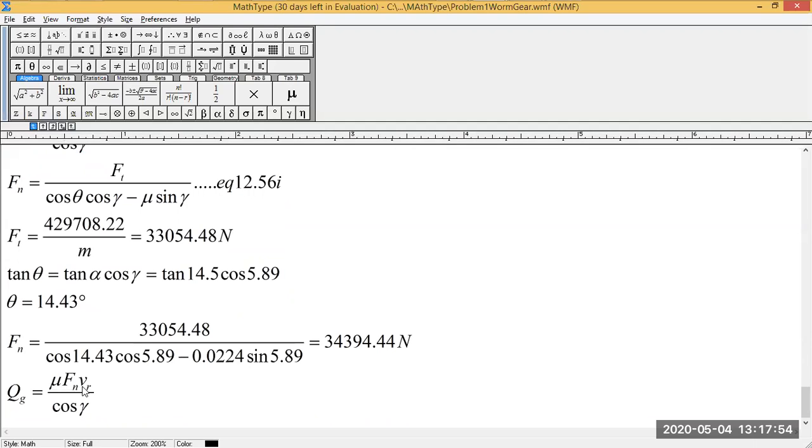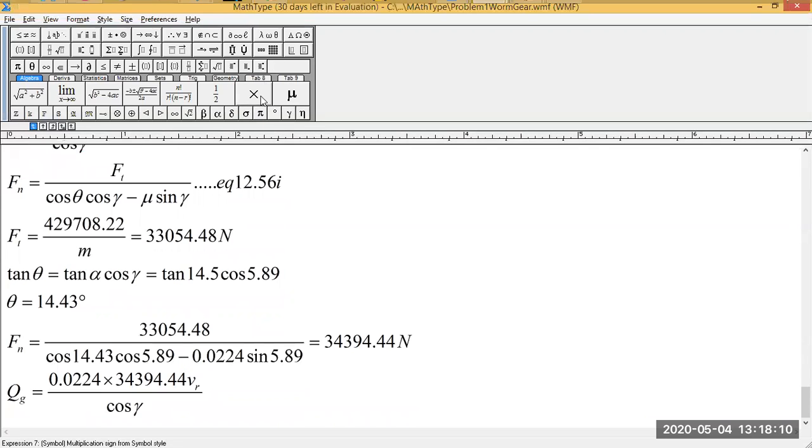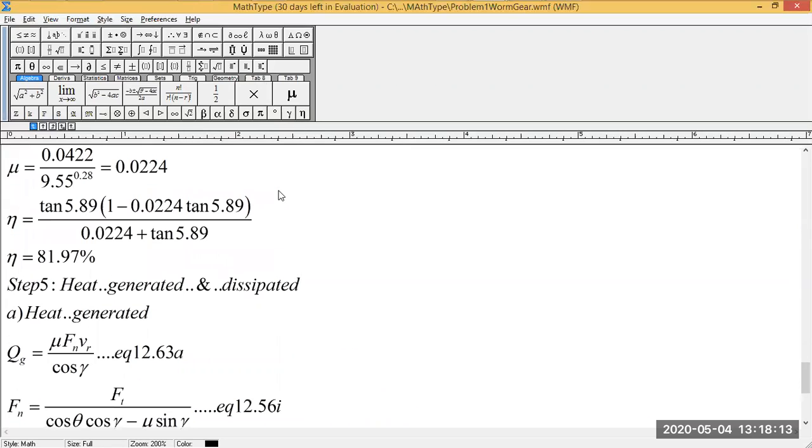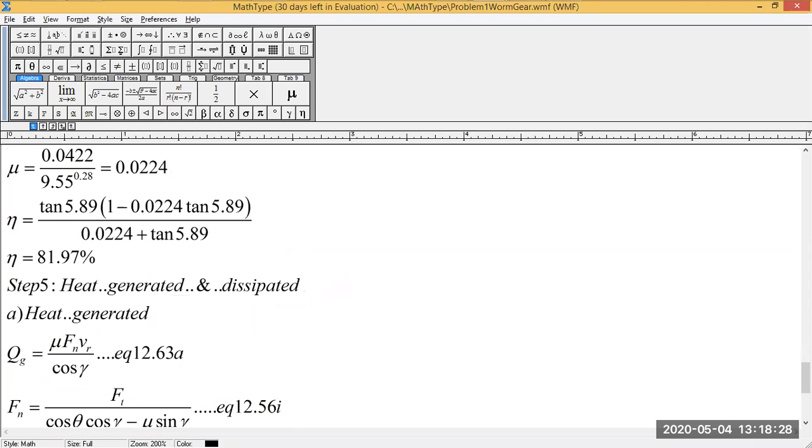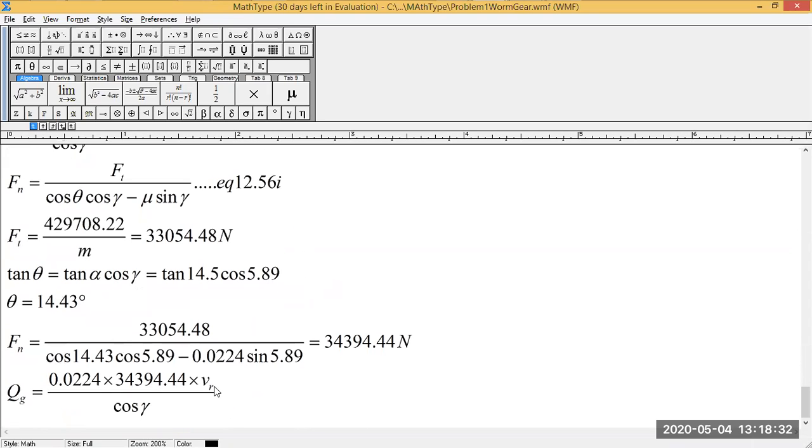So mu is 0.0224 into Fn 34394.98 into Vr. Vr is 9.55 over cos gamma.